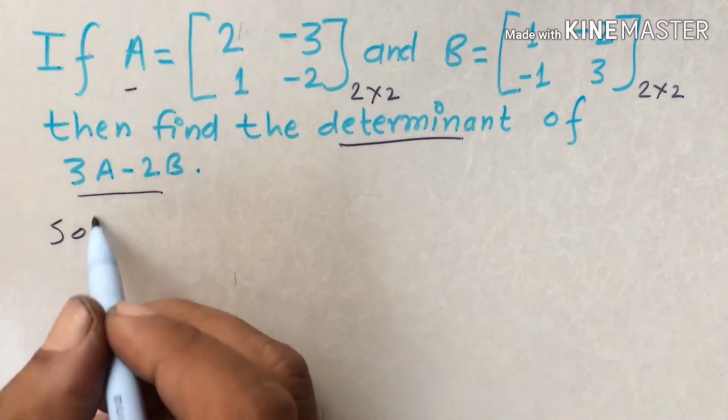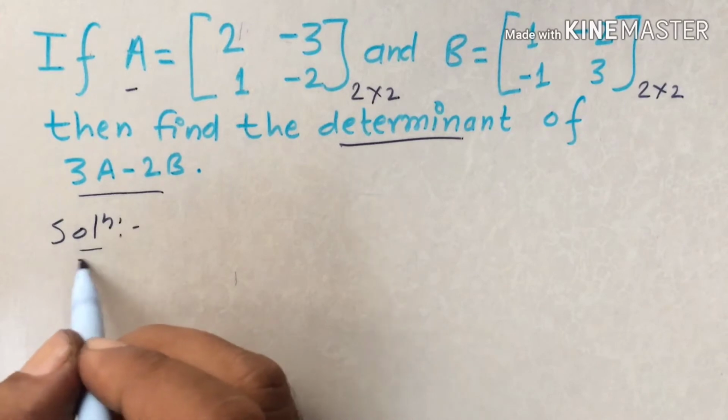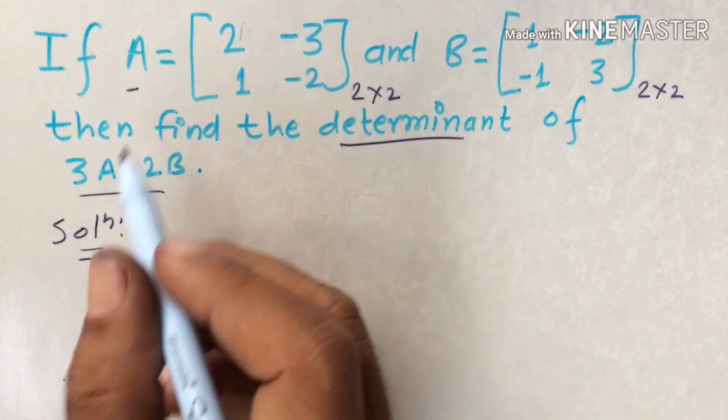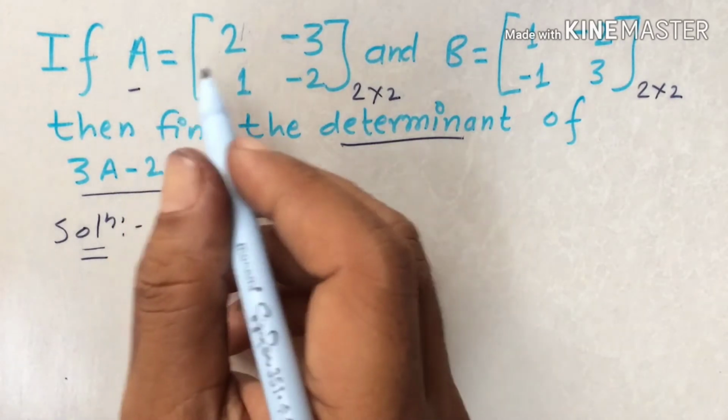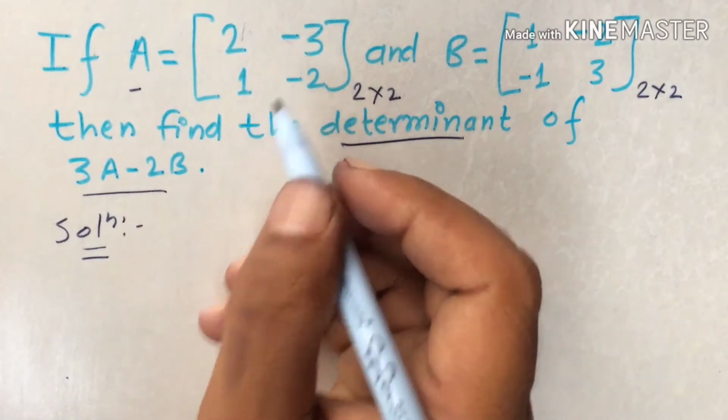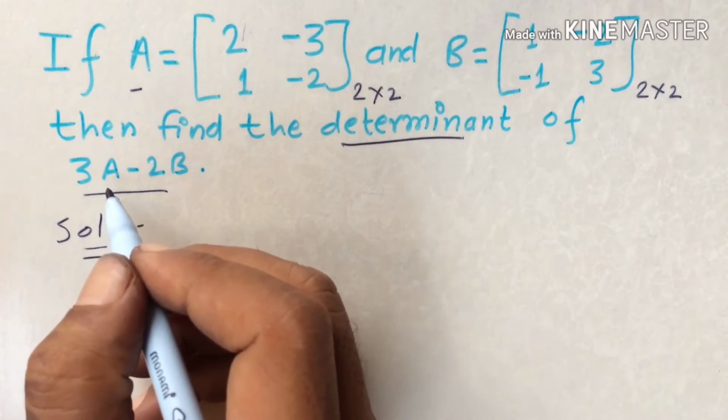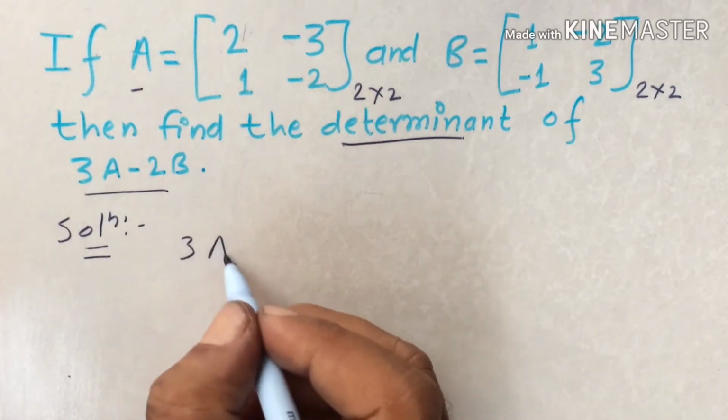The solution of this question is given as: here matrix A is equal to [[2, -3], [1, -2]]. Firstly, we should find 3A.